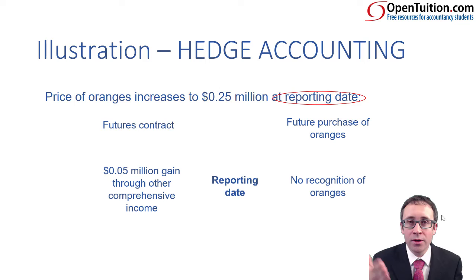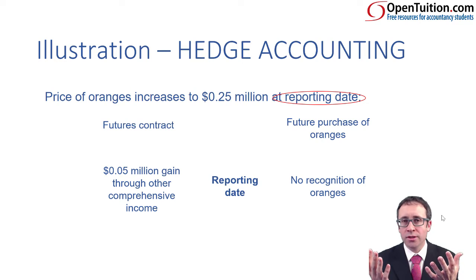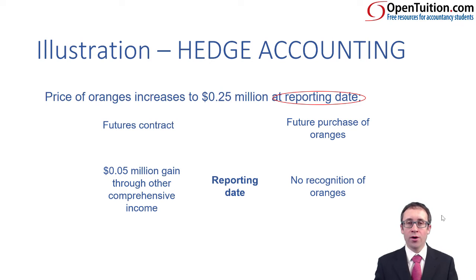If you want, you can look at it from another perspective: the market price has gone up, so it will be more expensive, so there is a loss on the item. If there's a loss on the item, there must be a gain on the future. Or alternatively, you can just look at the futures contract and say it is cheaper with the contract than without the contract by the tune of 0.05 million.